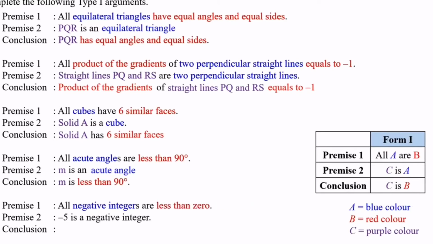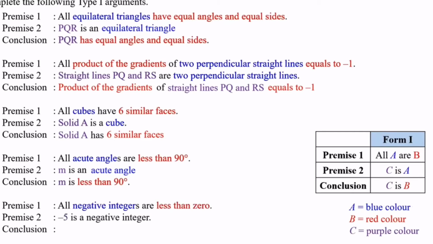We'll use the -5 and highlight it in purple color. That is our C, and then we will highlight the blue color, and then we will join the purple color with the red color to get the answer.